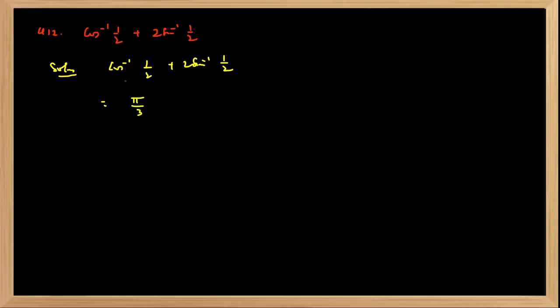It is an angle whose cosine is half, and that should be between 0 to pi. So between 0 to pi, it is half at pi by 3. 2 times sine inverse half: it is an angle between minus pi by 2 to pi by 2 whose sine is half. Sine is half at pi by 6. Pi by 3 plus pi by 3 gives 2 pi by 3.